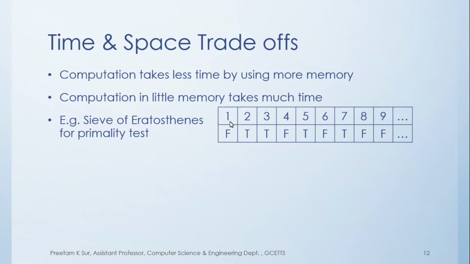For index 1, since 1 is not a prime number, it has a false value. For index 2, since 2 is a prime number, it has a true value. Since 3 is a prime number, it has a true value. Since 4 is not a prime number, it has a false value. Like that, this table will continue.